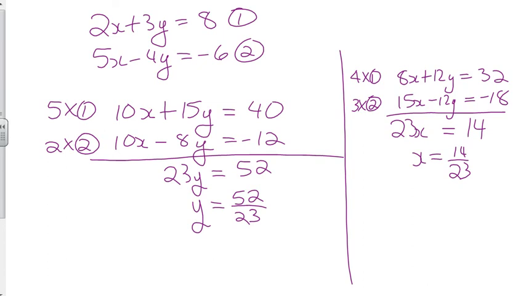If you want to check it on your calculator, you could graph both of those, solve it graphically, get a decimal, and see if that decimal is 14 over 23. Then get a decimal for y and see if that's 52 over 23. That's the lazy way to check. You could just type it in your calculator: 2 times 14 over 23 plus 3 times 52 over 23, 8, wow. And then 5 times 14 over 23 minus 4 times 52 over 23, negative 6.